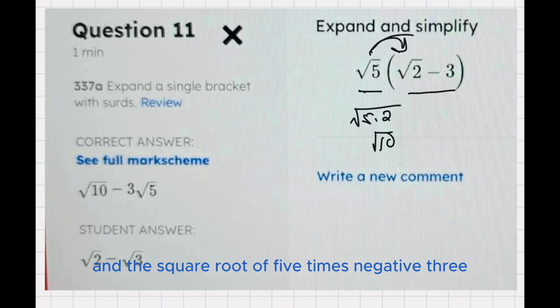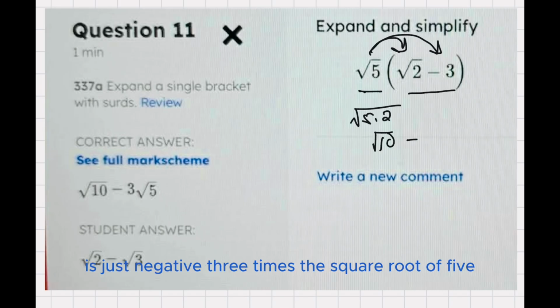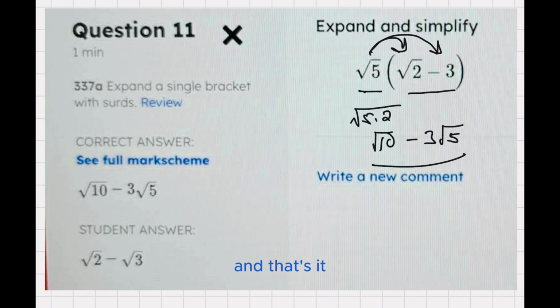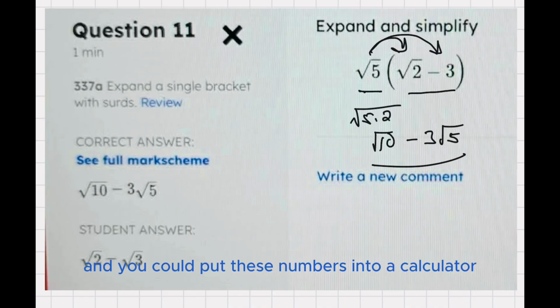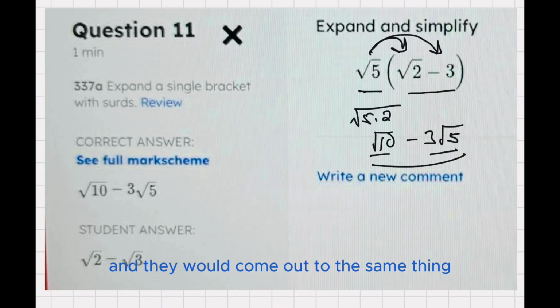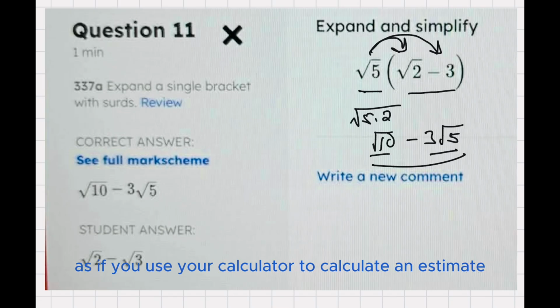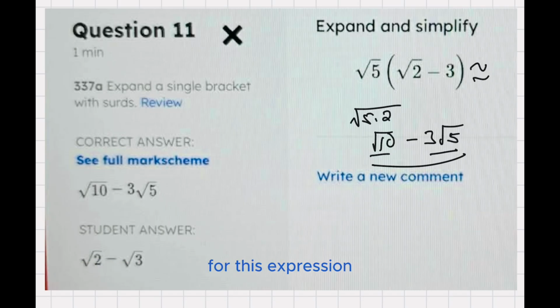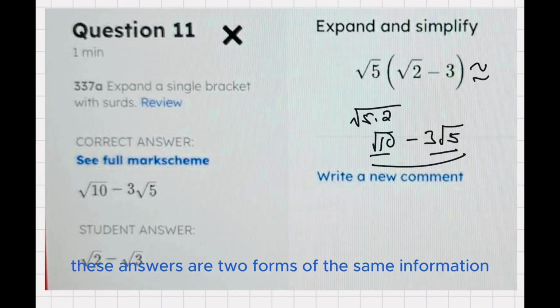And the square root of 5 times negative 3 is just negative 3 times the square root of 5. And that's it. You could put these numbers into a calculator and they would come out to the same thing as if you use your calculator to calculate an estimate for this expression. These answers are two forms of the same information.